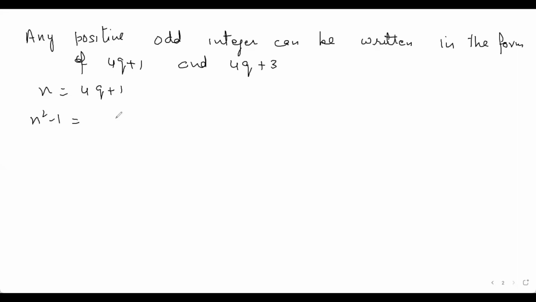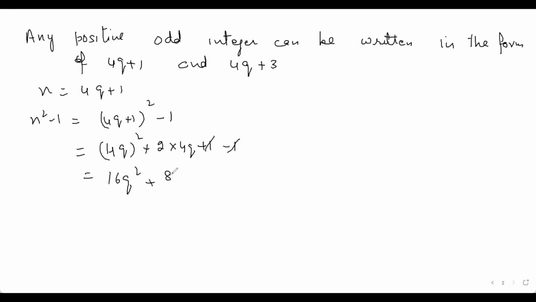Let us check it. 4q plus 1 whole square minus 1. That is 4q whole square plus 2 into 4q plus 1 minus 1. This is cancelled. I have 16q square plus 8q.